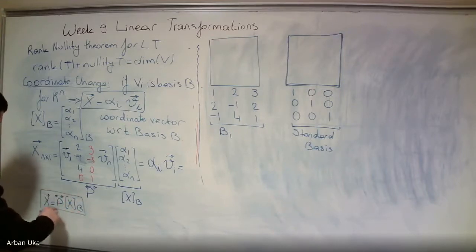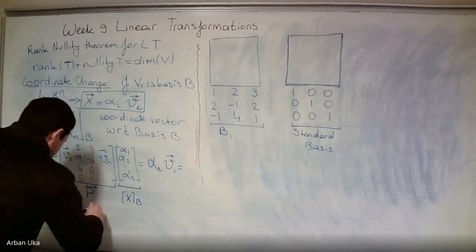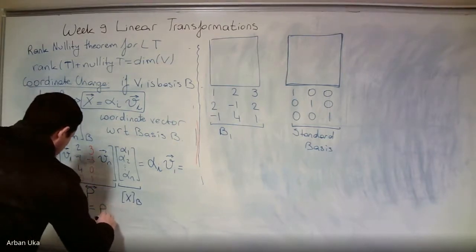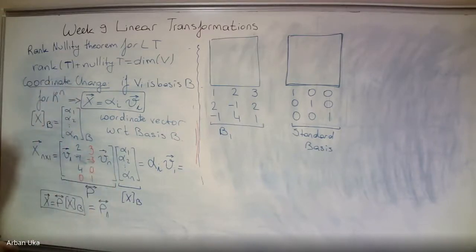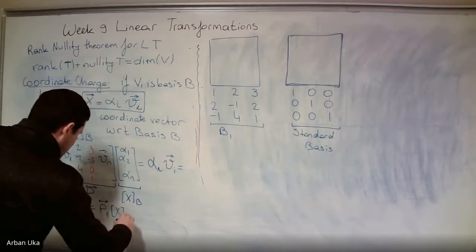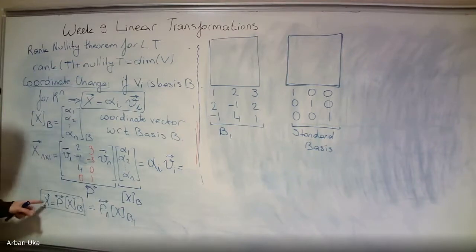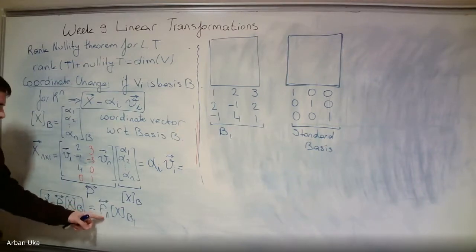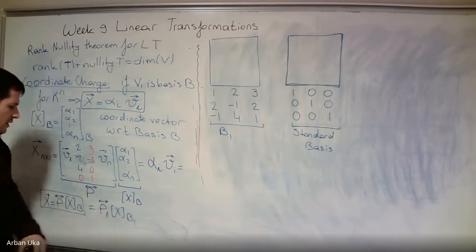Now, we can also write the same as P1. So we can have another basis, right? Multiplied by the coordinates of x according to B1. Because the same vector x can be written as different basis matrices times the projection of this vector onto B1.